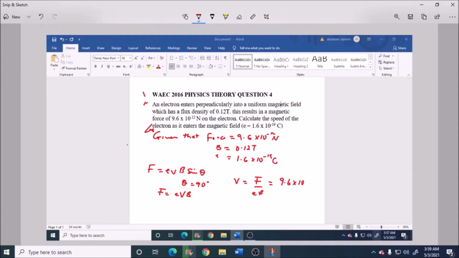Final answer, velocity is equal to 5 times 10 raised to power 8 meters per second, and that is the speed of the electron as it enters the magnetic field.